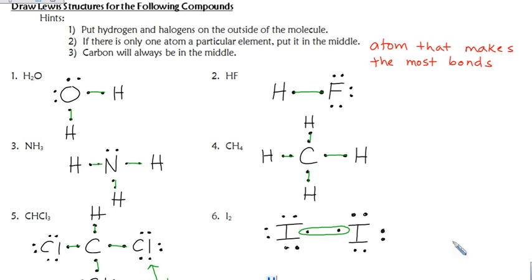Or I could flip it upside down and it would look like the pair is on the bottom. On paper, we're trying to draw a 3-dimensional structure. It doesn't matter where you put that lone pair on paper, as long as you have it to prove nitrogen has an octet.